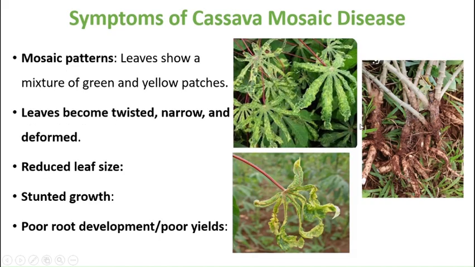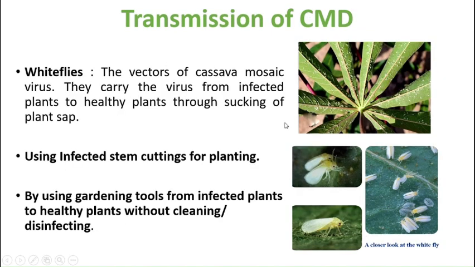And here we are taking a closer look at the white fly. It has been magnified so that we can easily appreciate its structure and how it looks. So you realize that here there are many of them, and these white flies specifically suck sap from the cassava plant.